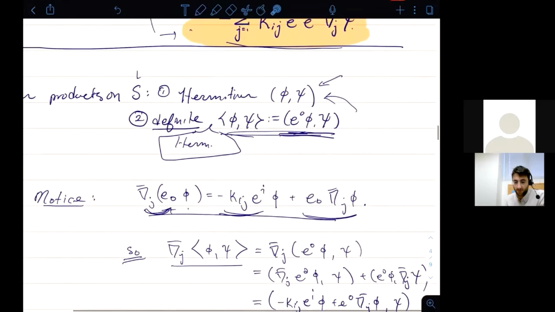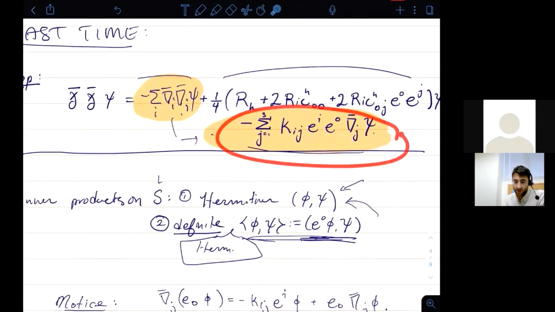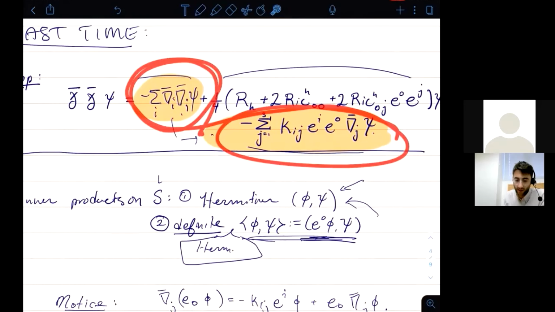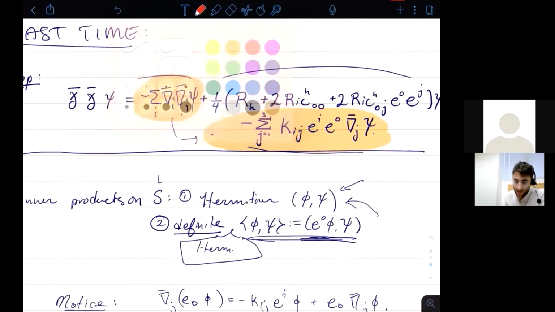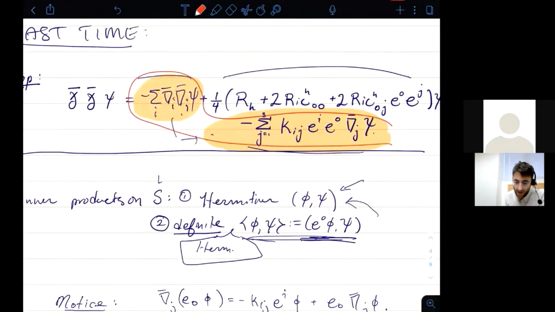So these two things in the orange in our Lichnerowicz formula, they combine to be, I'll write that down here, nabla bar star. I'll put a circle around the star just to make it clear that this is the one with respect to the pointed brackets.